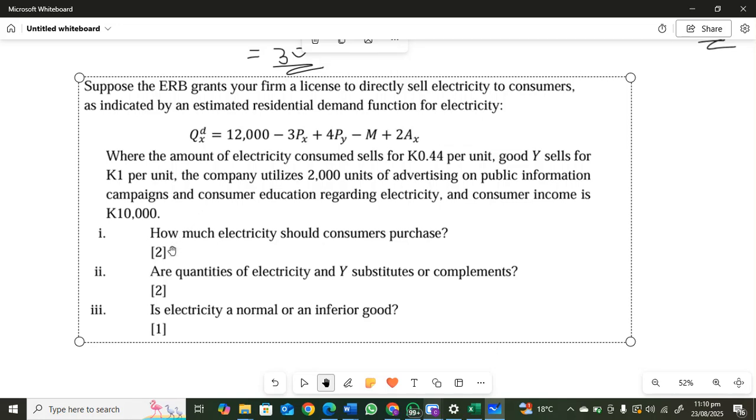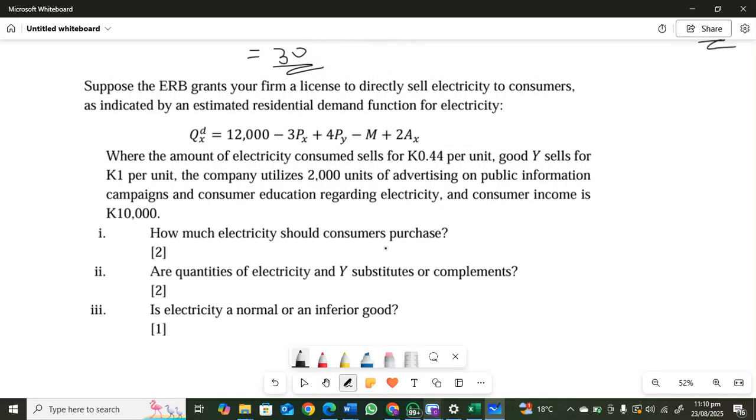Part A. How much electricity should each consumer purchase? So here, colleagues, just know anytime you see this type of demand function, no matter what the question is, whatever values you are given in the question, you have to put in the demand function. This is the demand function for good X. Good X is electricity.